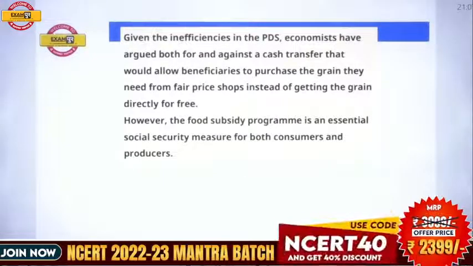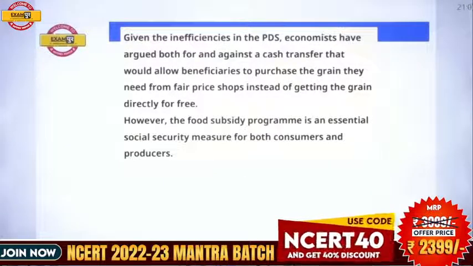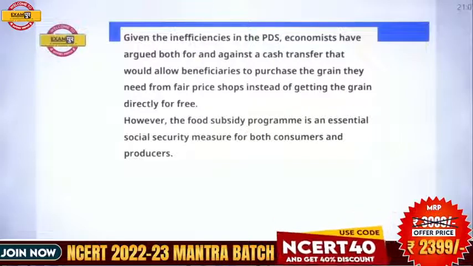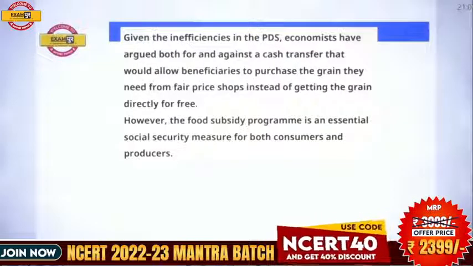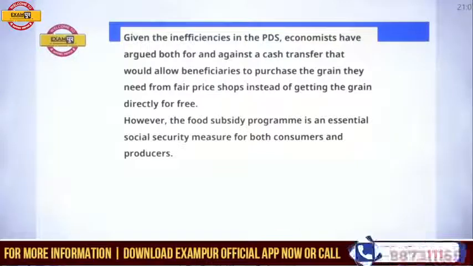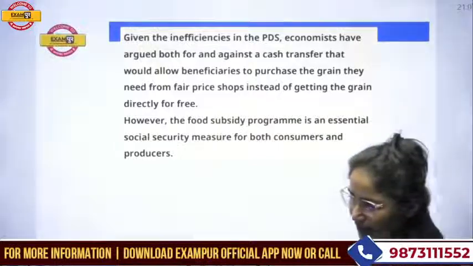Next, inefficiencies in PDS. Economists have argued both for and against cash transfer, which would enable the beneficiary to purchase the grain. The need for fair price shops instead of getting the grain directly for free. Getting my point?